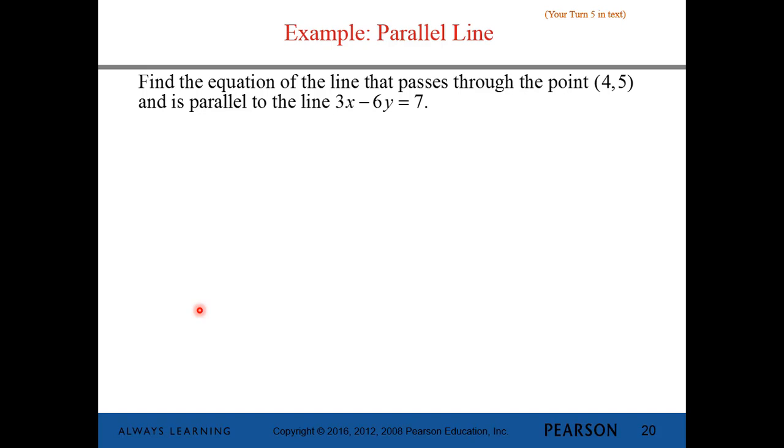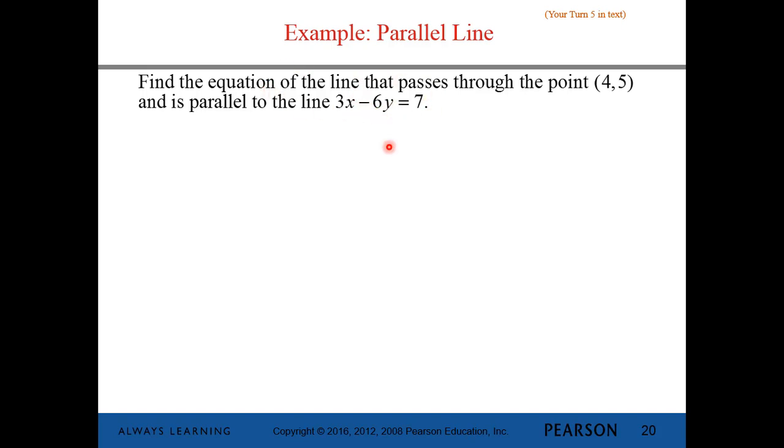So the first thing we need to do is put this in slope-intercept form. We need to find what the slope of this line is. Since we want an equation of a line that is parallel to this line, they have to have the same slope. So if we find the slope of this line, then the slope of the other line has to be the same. So we're going to solve for y.